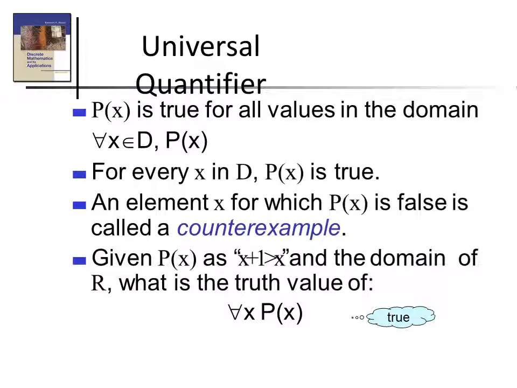Here P of x is given as x plus 1 greater than x, and the domain R means the set of all integers. We know that when we add 1 to a number, surely we get a number greater than it. So it is true for all the values in the set R.